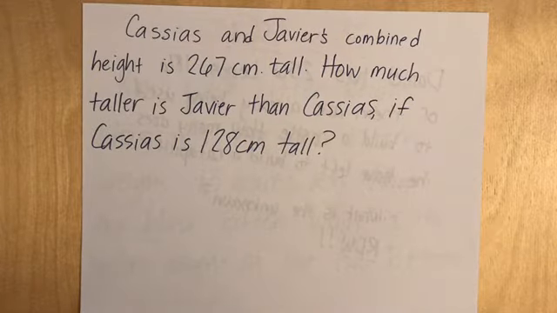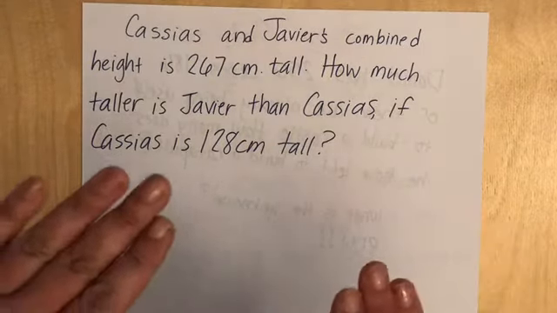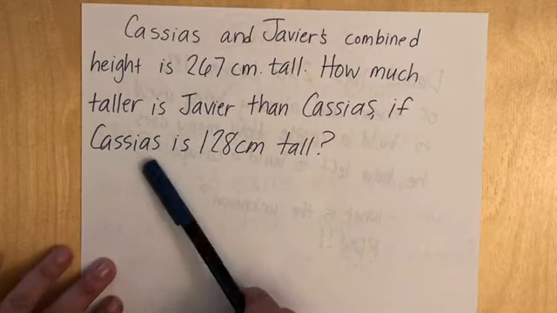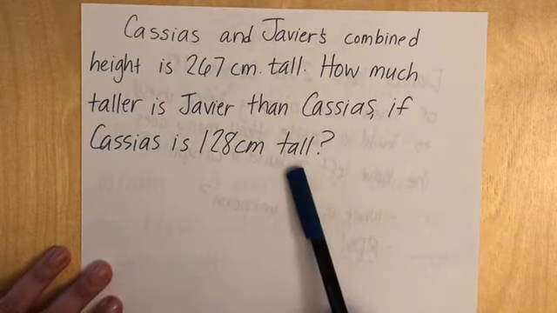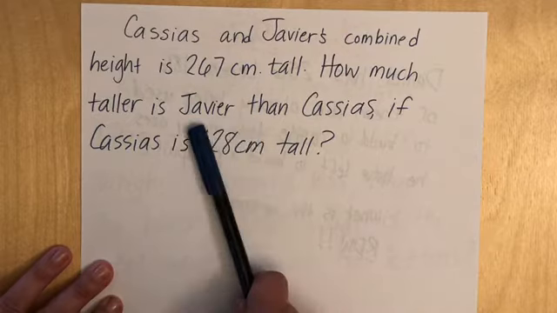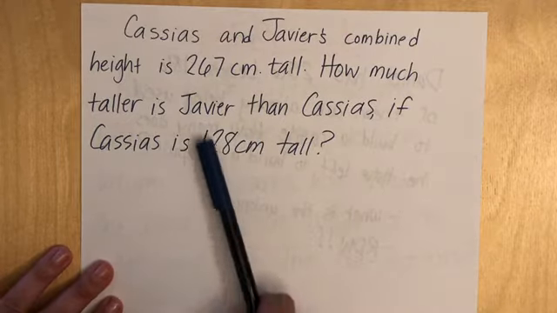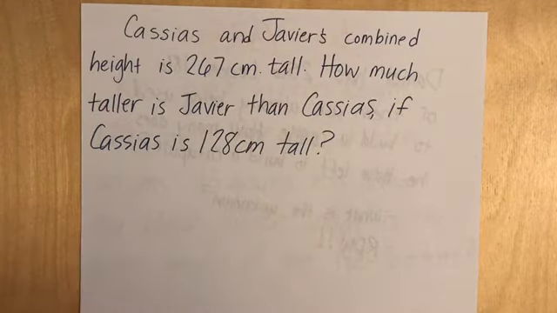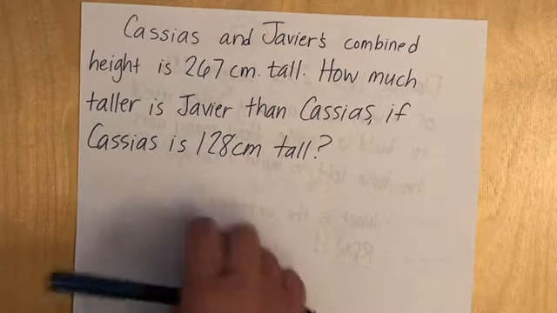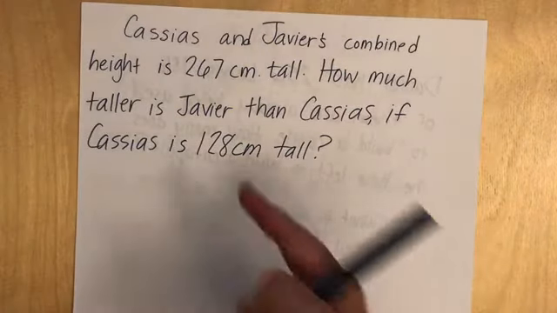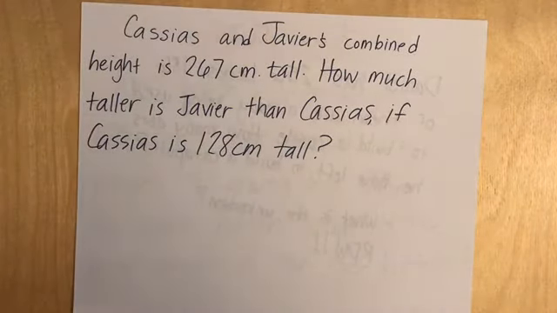So then I'm imagining that they're not the same height because Cassias is 128 centimeters tall and it sounds like Javier is a different height than him. So now we need to figure out what the unknown is. The only thing I don't know, because I know that Cassias is 128, but Javier, well, I don't know that. So that sounds like the unknown.